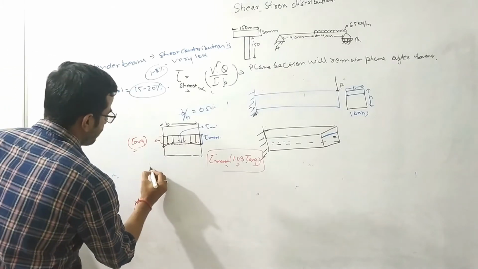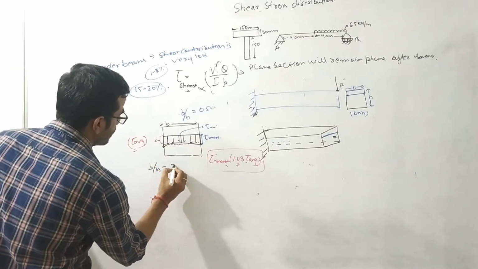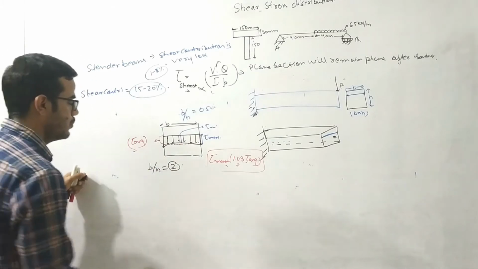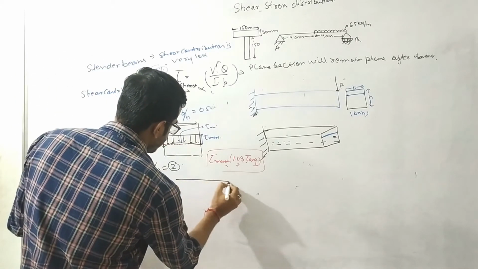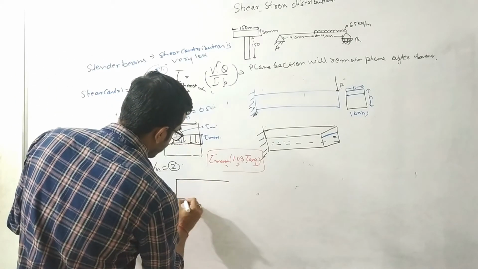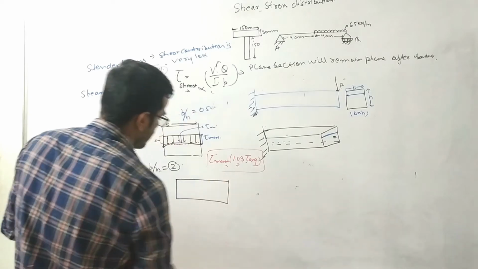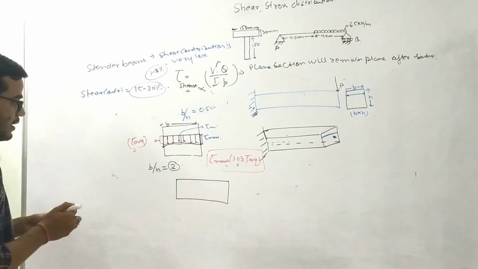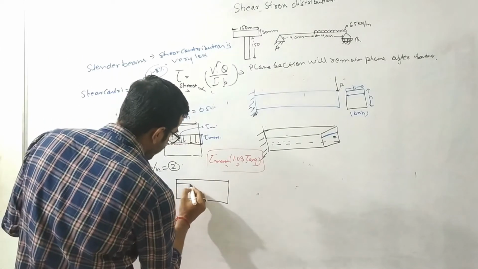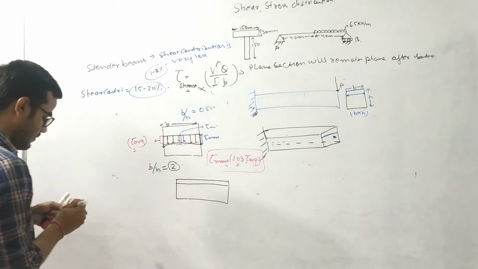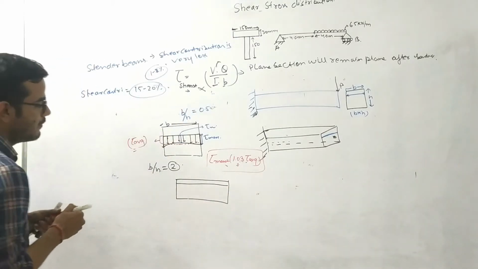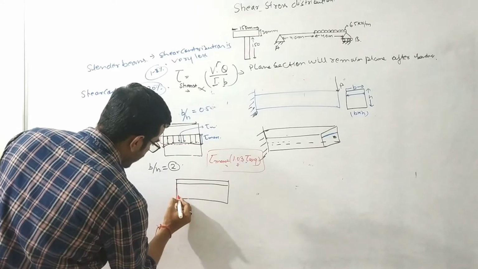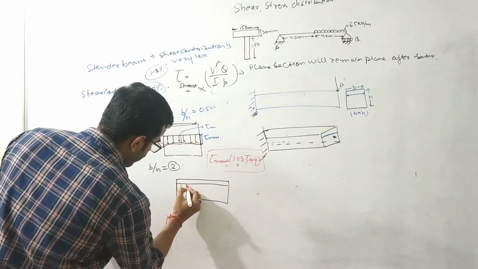But when B by H equals 2, it will look like this. Again, at this level, if I am calculating the shear stress, I get the value over here like this.